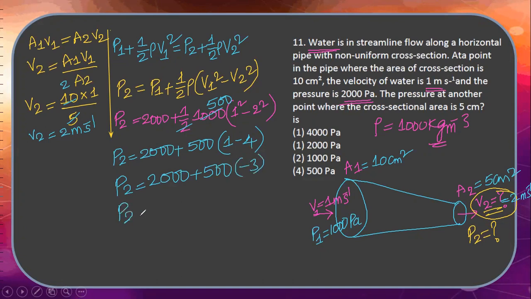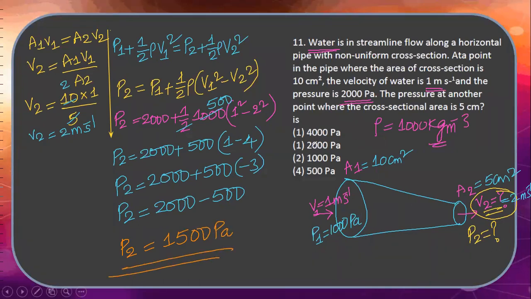Therefore, pressure P2 is equal to 2000 minus 1500 pascals.